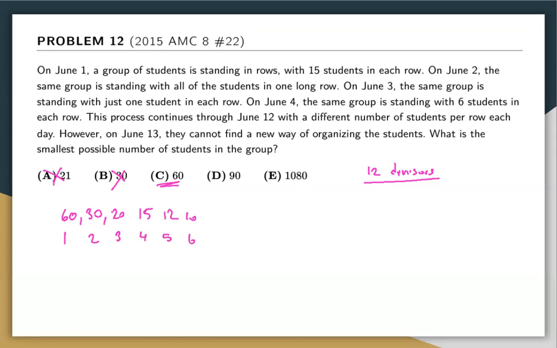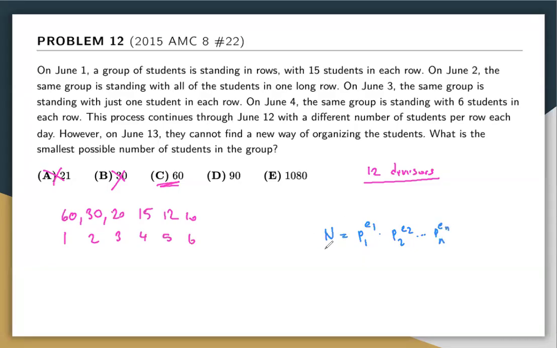So just a quick recap. Let's say n equals p1 to the e1, p2 to the e2, all the way to pn to the en.